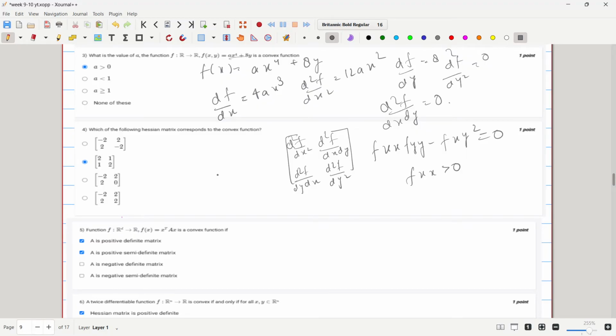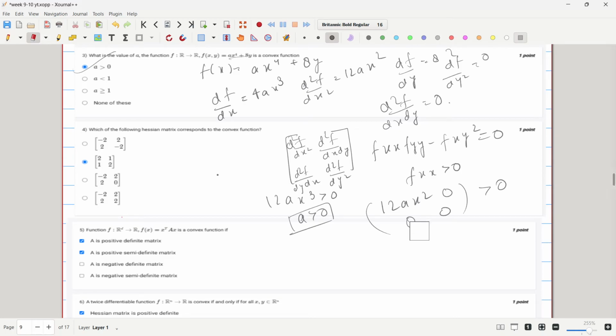If you take the determinant, you will find 12ax square, 0, 0, 0. It should be greater than 0. So if 12ax cube is greater than 0, then a should be greater than 0. And that's the correct option, option number 1.